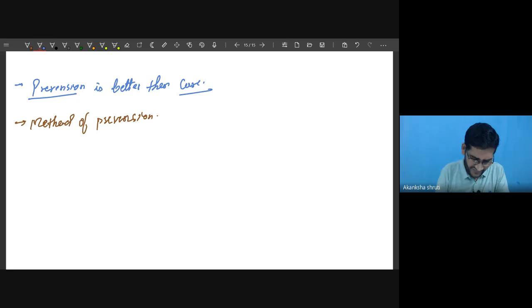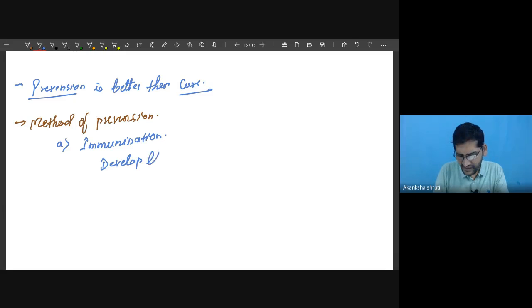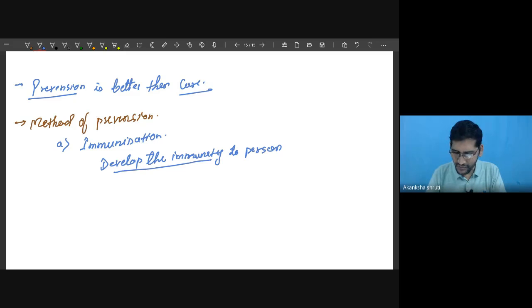So write down. One is immunization. What is this immunization? In this, we develop immunity, the immune system, in a person to defer or to avoid the attack of the germs of that particular disease. So the immune system is made stronger.